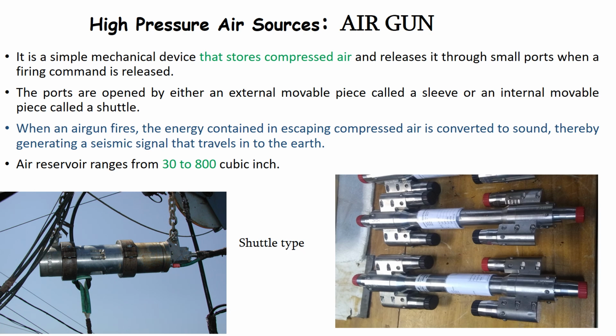When the air gun fires, the energy in the compressed air is converted into sound, generating a seismic signal that travels into the earth. The air reservoir volume ranges from 30 to 800 cubic inches. It is a very sophisticated air gun. The mechanism is not as simple as it looks, and many hurdles are there to operate it.